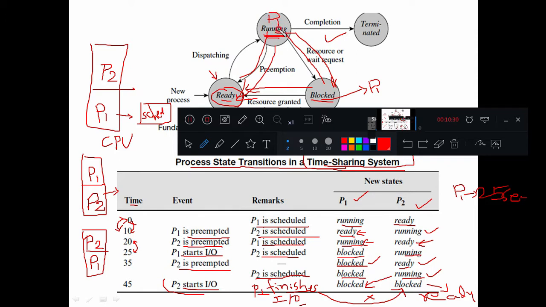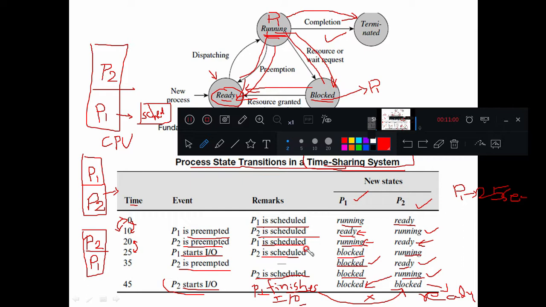Once the complete execution of P1 occurs, what happens? The state of P1 will be changed from running to terminated. Right? So I hope you understood this example, how the process transition takes place, and what the causes of process transitions are.